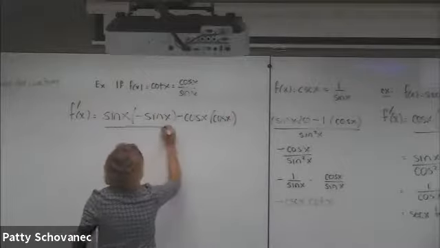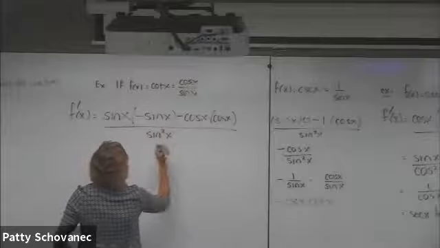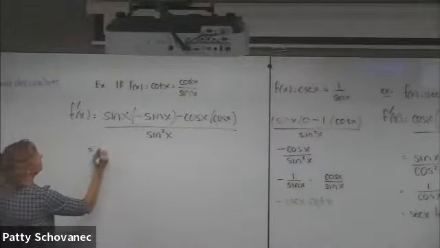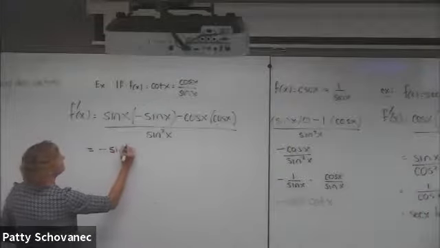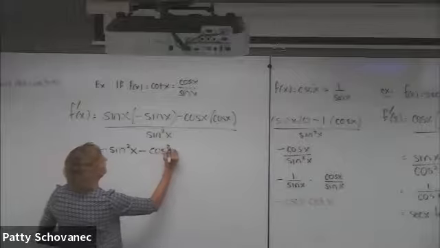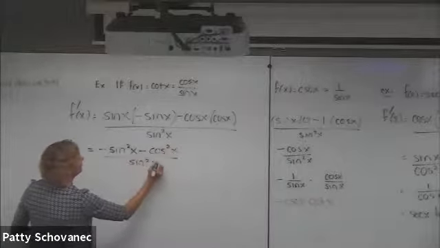All over the bottom squared. When I multiply that out, you get a minus sine squared of x minus cosine squared of x over the sine squared of x.